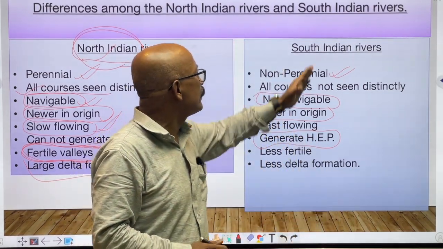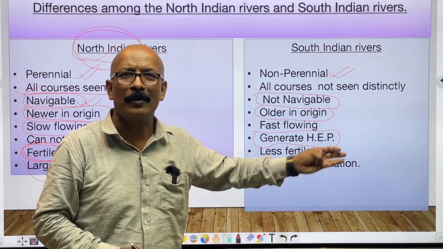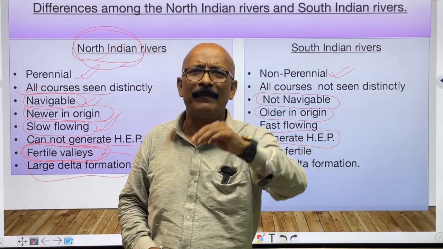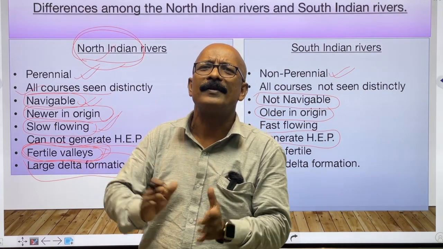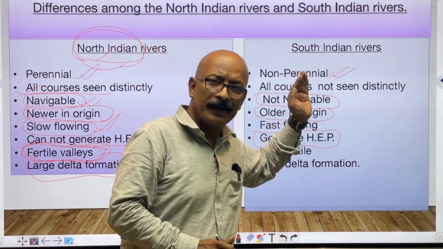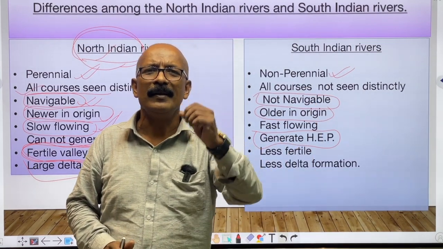But the rivers of South India, Mahanadi, Godavari, Krishna, Kaveri, Narmada, Tapti, cannot give rise to such large deltas at the mouth because their water discharge is very less.